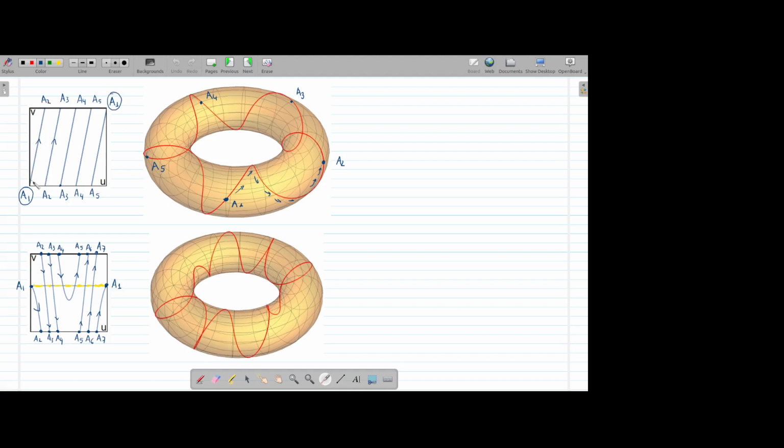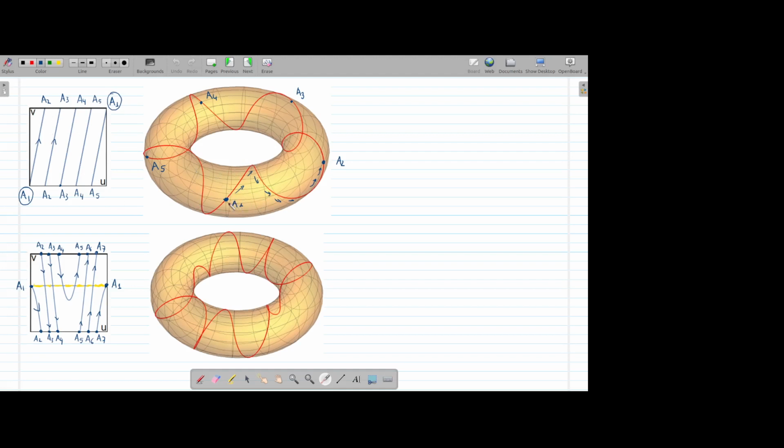So moving a particle along this direction will start with v equal to 0 and end up with v equal to 2 pi. So the particle has done a full round around this direction of the torus. But in the end, it ends up at a different point, A2.